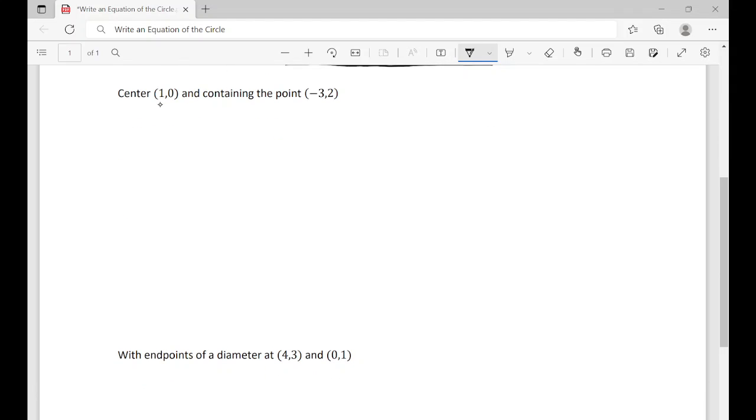Next, I have a center of (1, 0), and we have a point on the circle being (-3, 2). When I say it's on the circle, that just means I have some circle graphed, and (-3, 2) is here. Now I know that's not where (-3, 2) would be, but just for the sake of argument, it's on the outer part of the circle.